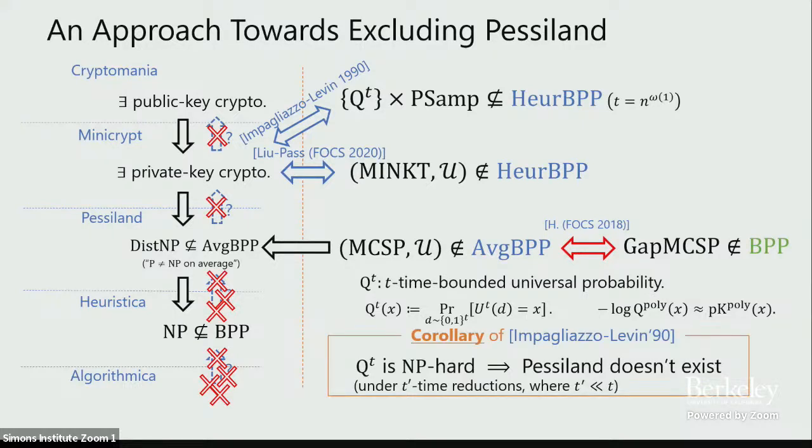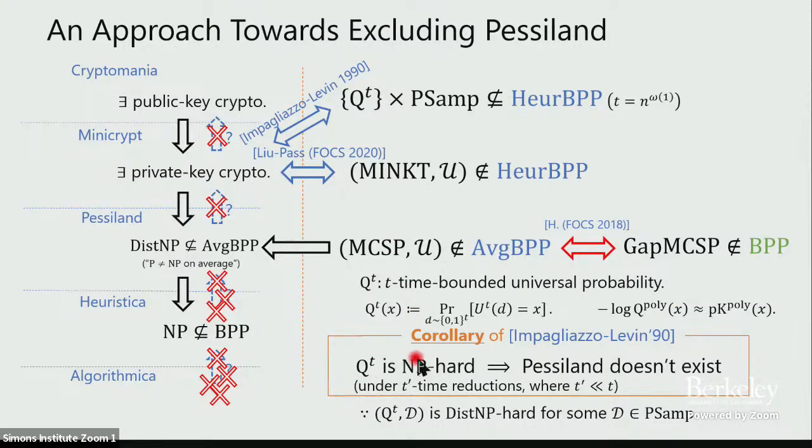Now, by using this result, we can describe a folklore approach towards eliminating Pessiland. Namely, if we could show that Qt is NP-hard under efficient reductions, then we can eliminate Pessiland. Actually, this is the approach that Yanyi described. Let me explain why this is the case.